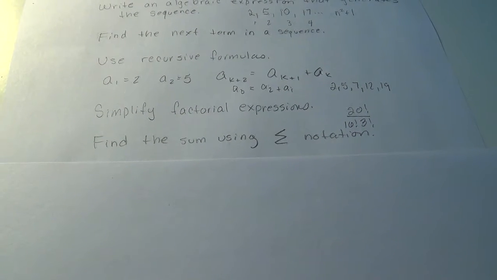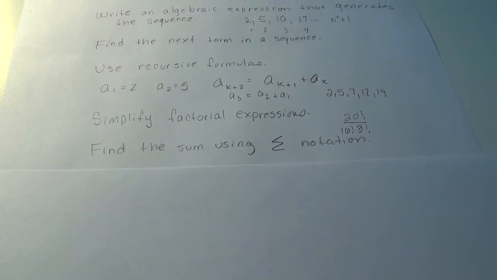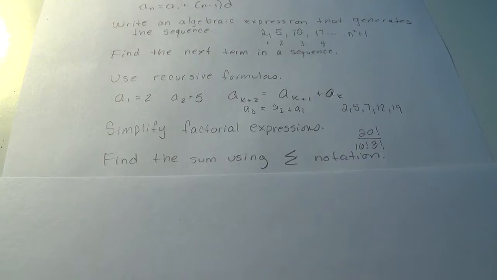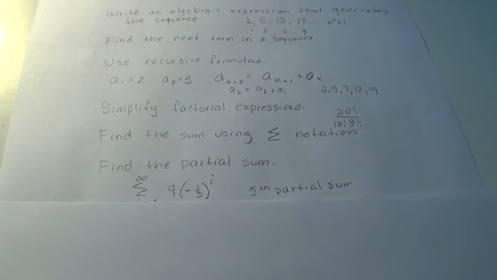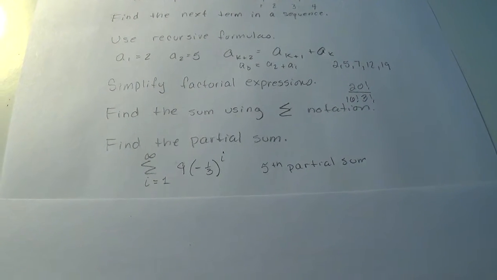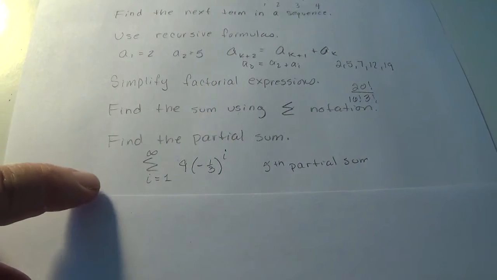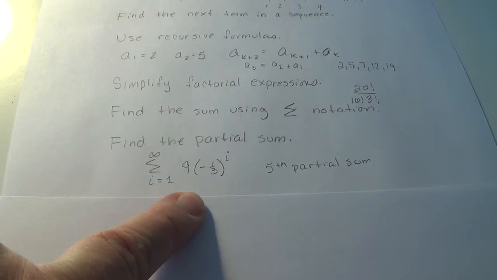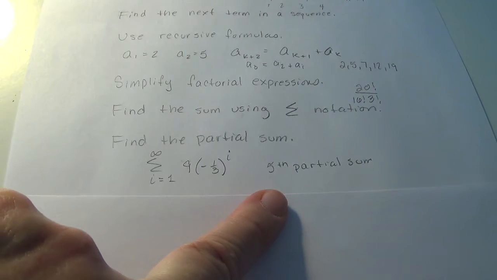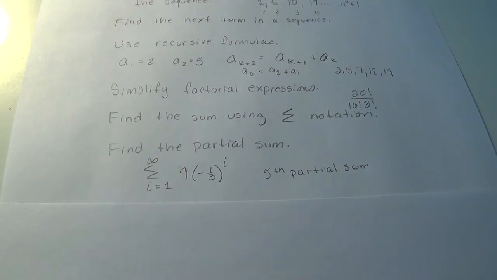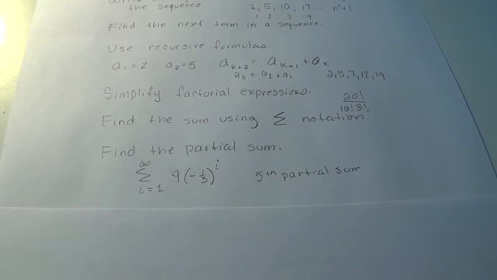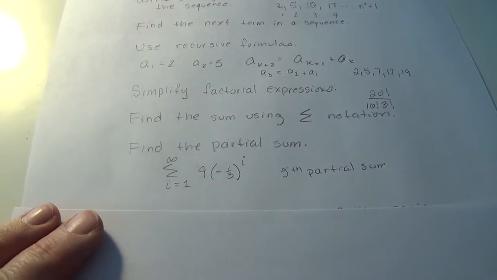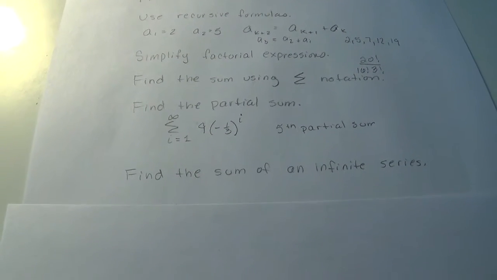Find the sum using summation notation. You have to understand what that means and how to use it. Find the partial sum. Suppose we have an infinite summation indicated by this expression, but I want the fifth partial sum. That means I'm going to add the first 5 members of this sequence. So you should recall how that was done.